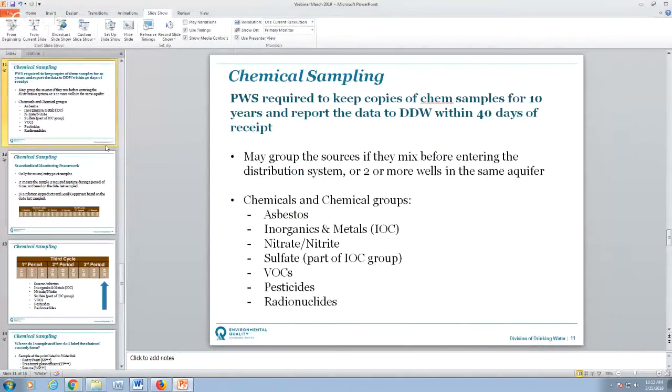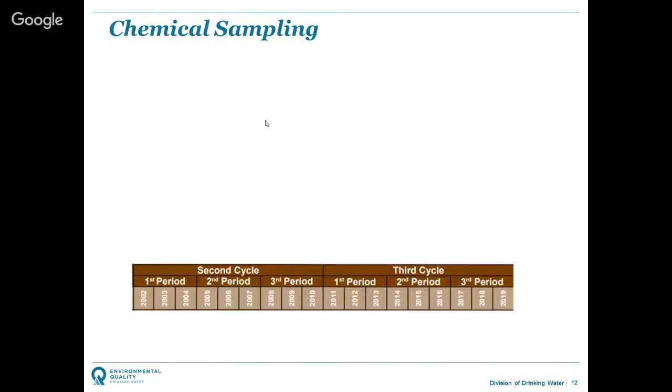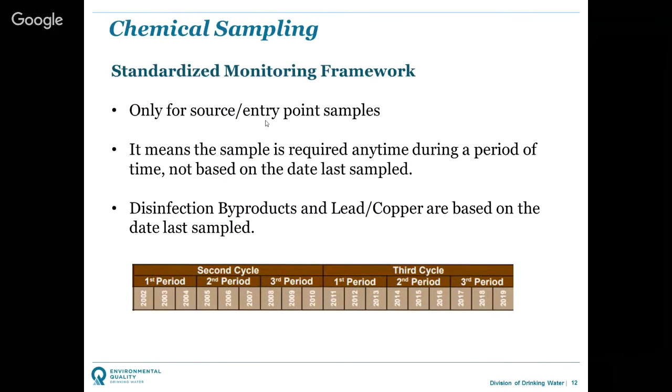So this is the reason why I wanted to go over this today. And that is because we use this standardized monitoring framework, which means that the samples for chemical samples taken at the entry point to the distribution system or the source are not based on the date last sampled.